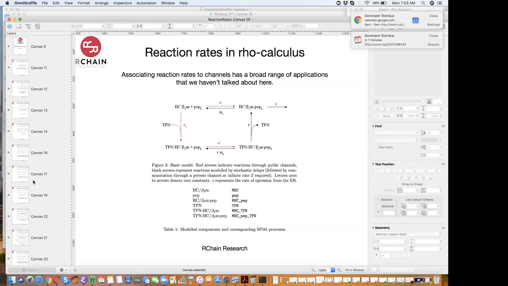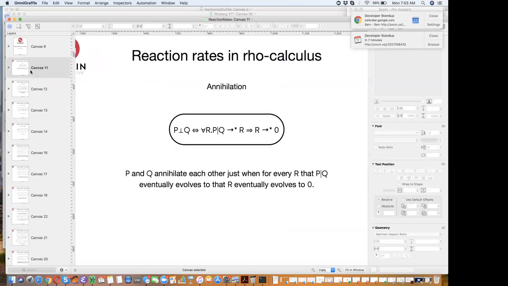When I discovered the rho calculus, one of the first things I observed was that I could have this kind of recursive notion of reduction, and it's not the same as emergent time, but they are related.